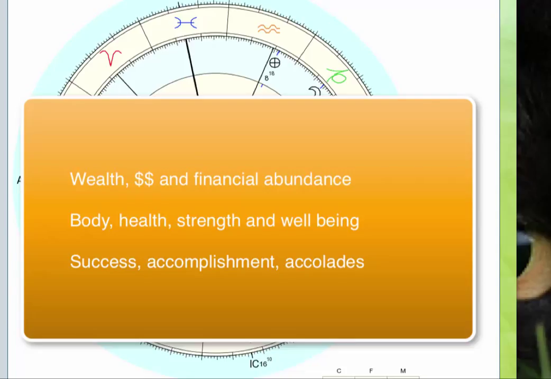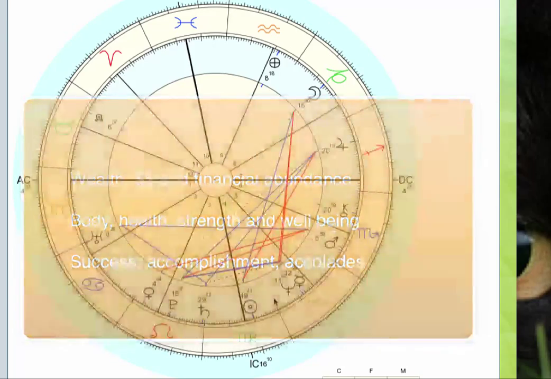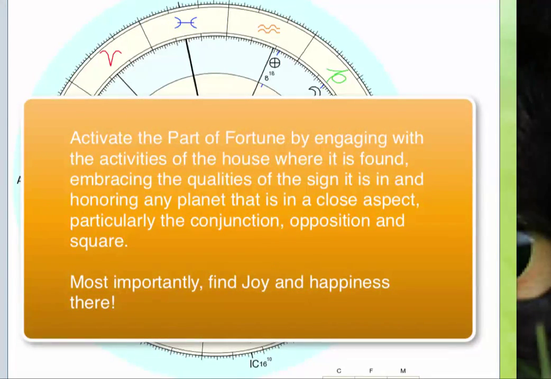So our vitality and economy, our whole financial situation can be indicated in a certain way by that part of fortune. Going to the part of fortune, activating it, can help in our physical well-being and our feeling of abundance, whatever that means to us.